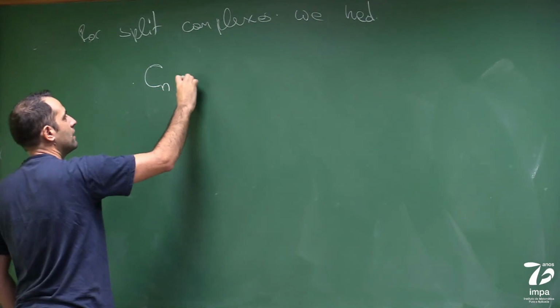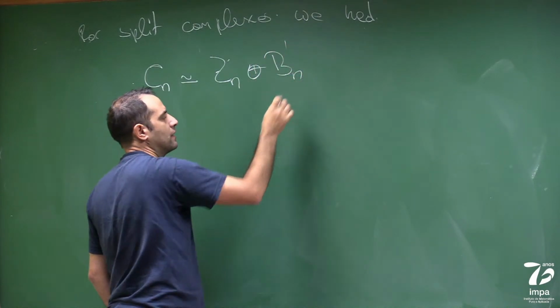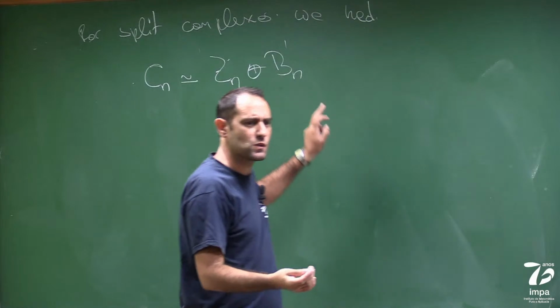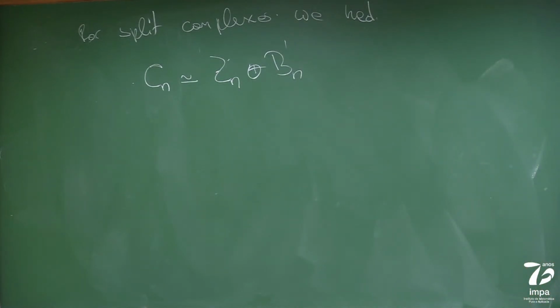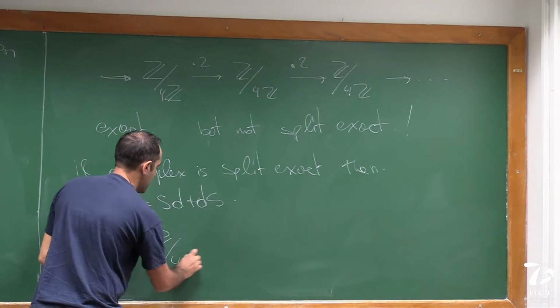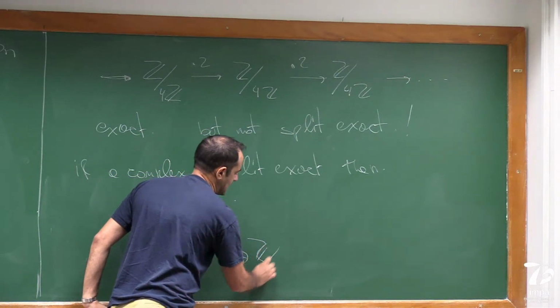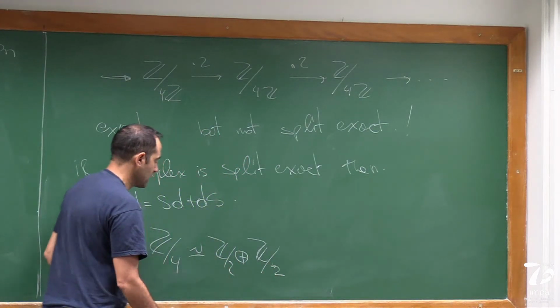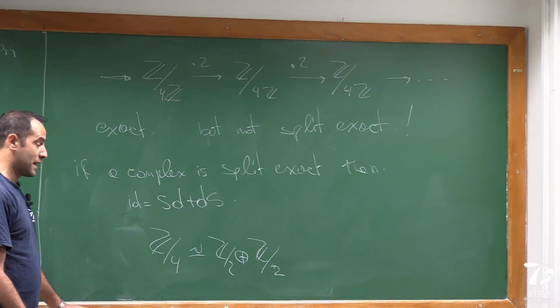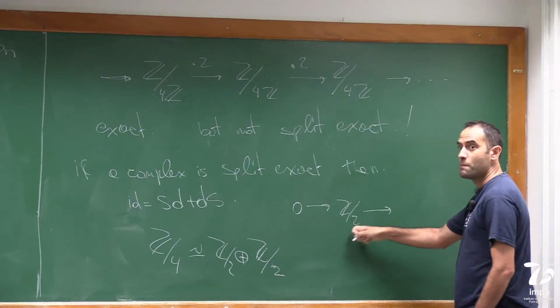We had this Cn being isomorphic to Zn plus, I think, whatever I called B prime Zn. And this thing here was Bn minus 1. But we had a splitting of the module as a direct sum of 2. And this can never happen for Z over 4Z. The kernel is Z over 2. And it's not true that Z over 4 is isomorphic to Z over 2 which is Zn plus whatever is left, that has to be Z over 2. So what it is true is that we have this. Z over 2 maps to Z over 4.